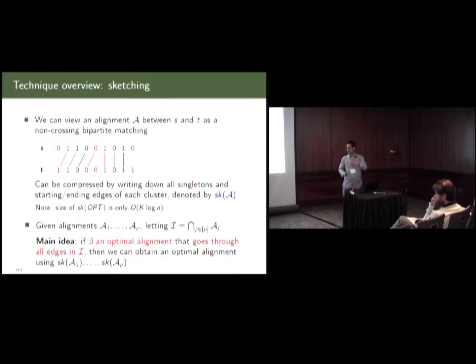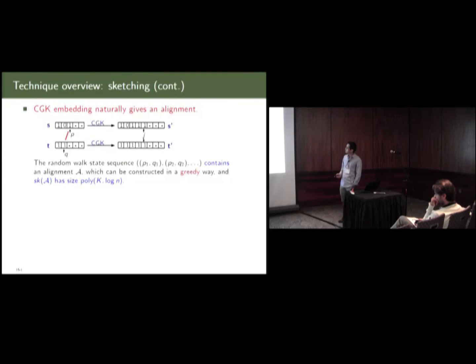So basically, taking the intersection, if there's an optimal alignment that goes through all the intersections, then we can reconstruct optimal alignments using the sketches of that set of alignments. So far, nothing related to random walks. So here's how we connect this idea to random walks, to CGK embedding.